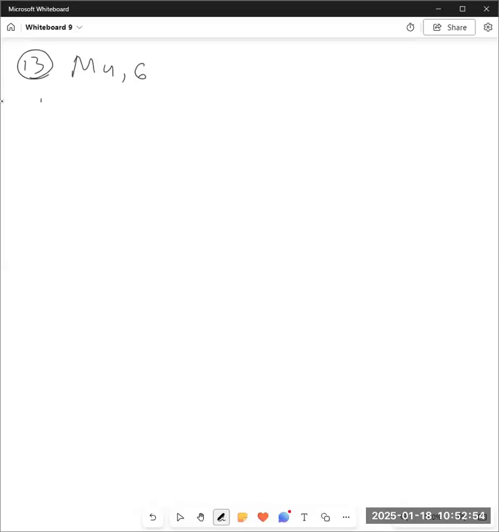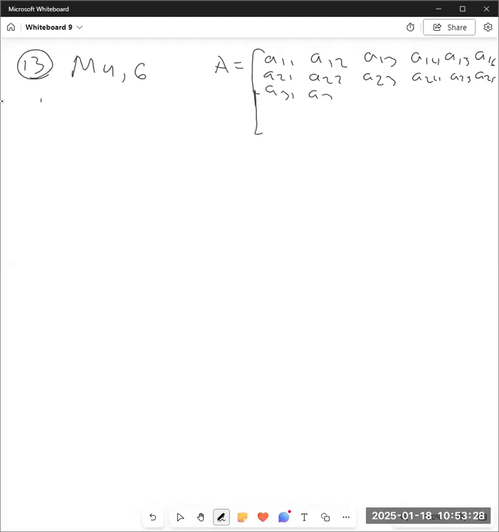So let's test matrix A, which is A11, A12, A13, A14, A15, and A16, A21 through A26, A31 through A36, and A41 through A46.